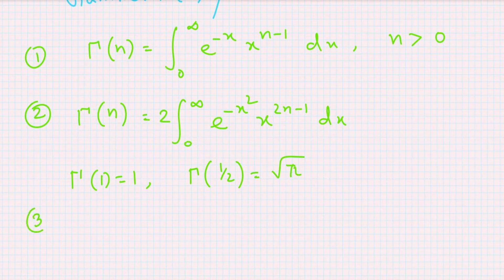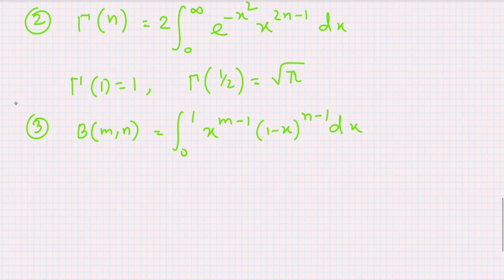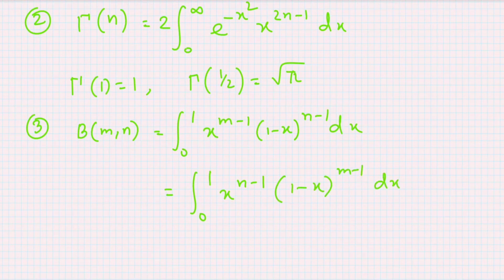The definition of the beta function is beta(m,n) equal to integration 0 to 1 x to the power m minus 1 into (1 minus x) to the power n minus 1 dx. This is also equal to integration 0 to 1 x power n minus 1 into (1 minus x) power m minus 1 dx, where m and n are both positive, which is beta(n,m).